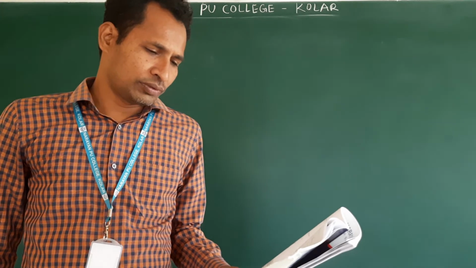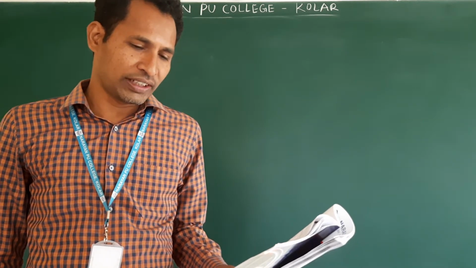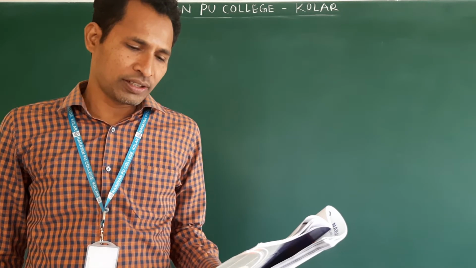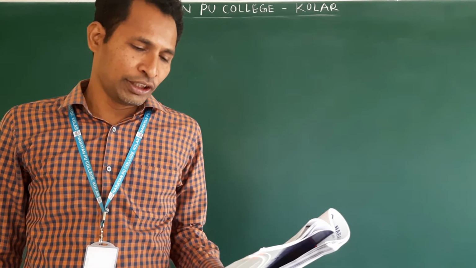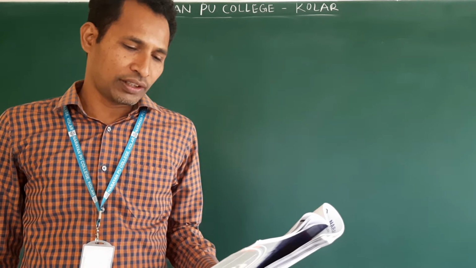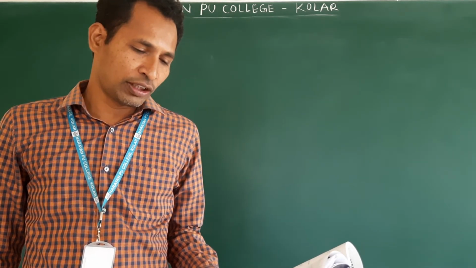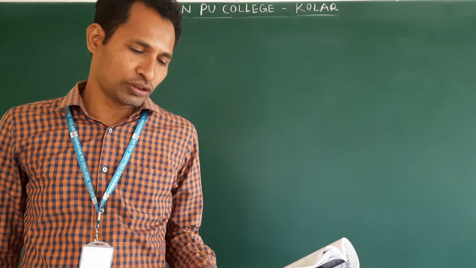Next, the third one. Two masses A and B of 10 kg and 5 kg respectively are connected with a string passing over a frictionless pulley fixed on the corner of a table, as shown in the figure. The coefficient of friction of A with the table is 0.2.